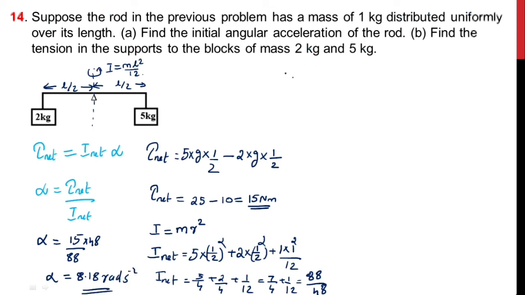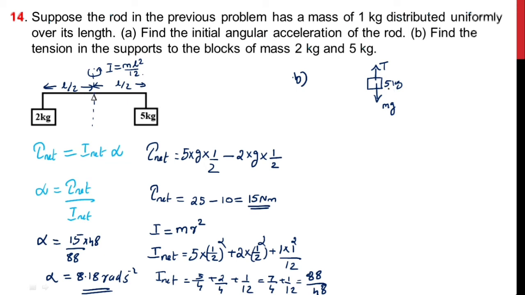Now look at the second question. Find the tension in the support to the blocks of mass 2 kilogram and 5 kilogram. So let's do the second part of this question. If you draw the free body diagram for the 5 kilogram block, mg is acting vertically downward, and the tension is acting vertically upward.